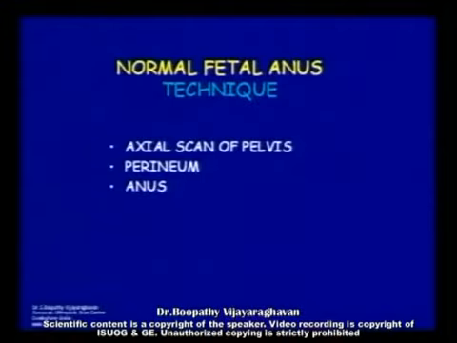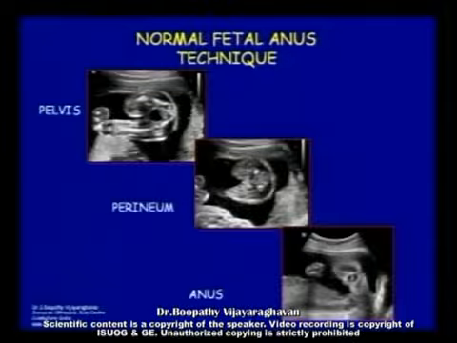Now, fetal anus, ultrasound visualization. The technique is you start with an axial scan of the pelvis and go to the perineum, adjust a little to get a tangential scan of the perineum to look at the anus.